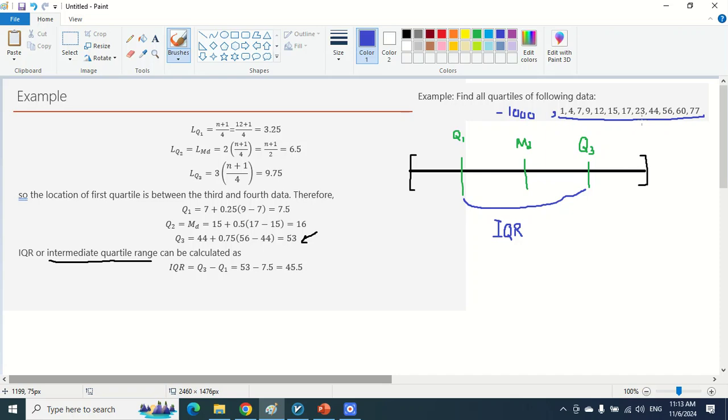So how can we decide about this type of thing? That's the outlier. What does it mean? Let me show you over here.